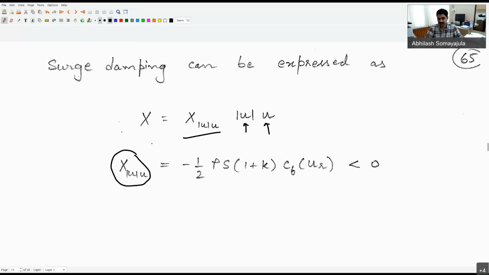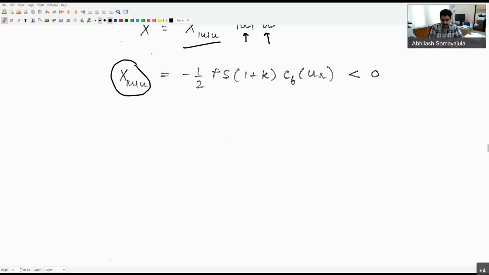I'm just saying that if I wanted to model this into my system dynamics as a nonlinear damping in surge, right, that so-called nonlinear damping matrix which we had. We had the damping matrix plus the nonlinear damping matrix, which was depending on the relative velocity, right?